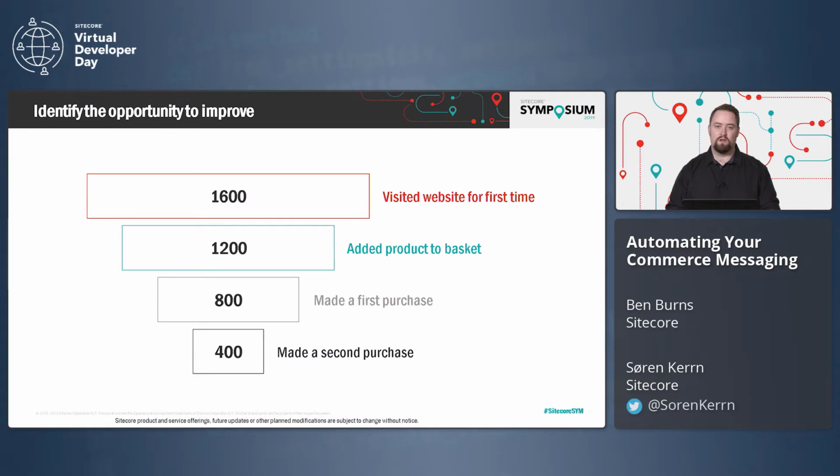We're going to start today by looking at some funnel analysis. So this is a visualization of what a website might look like from the point of view of a new customer. So we'll start at the top with a first-time visitor. And then moving further down, we have a customer adding a product to the basket.